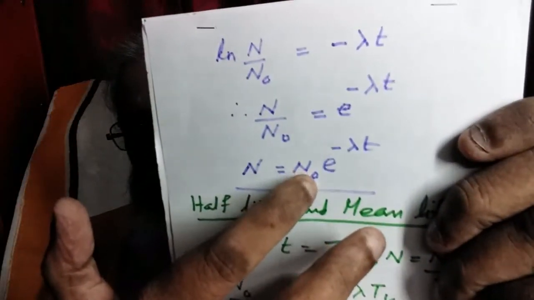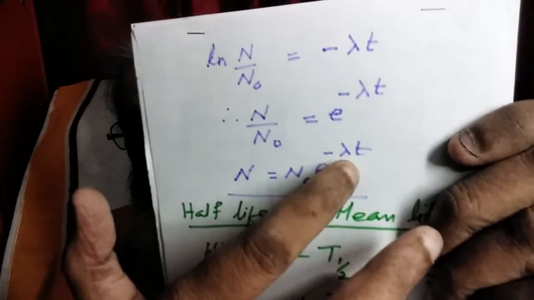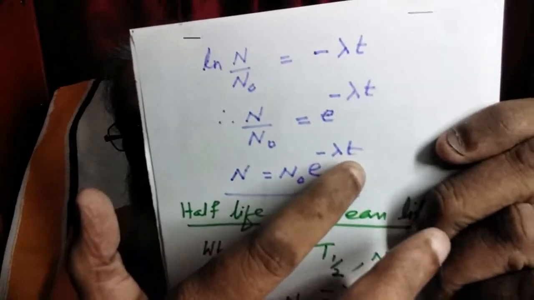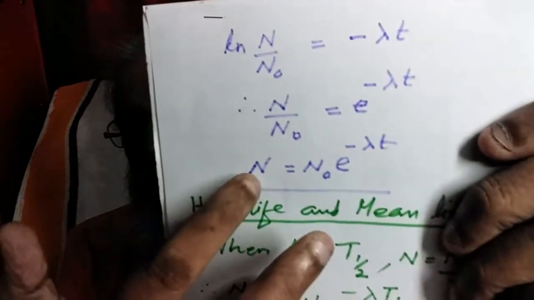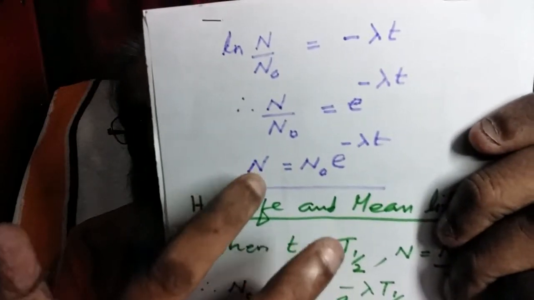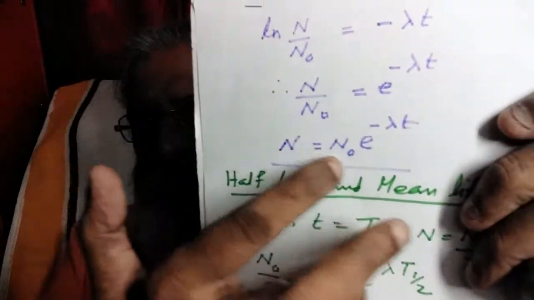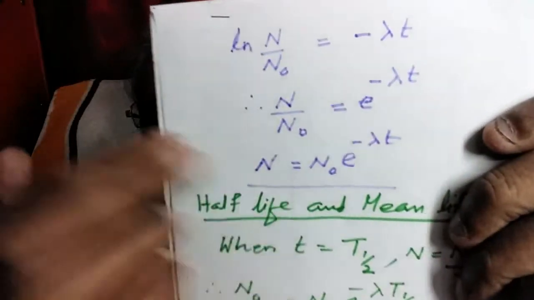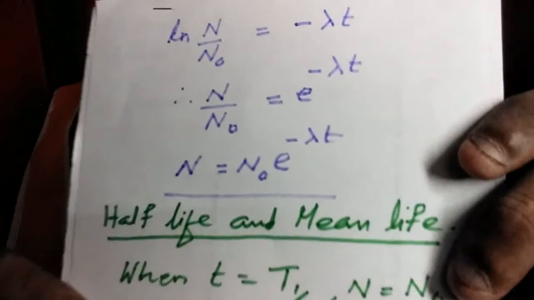N0 is the initial amount. Lambda is the disintegration constant. t is the time at which the number of atoms remaining is N. This is the disintegration formula or decay formula. We will see the rest in another posting. Thank you.